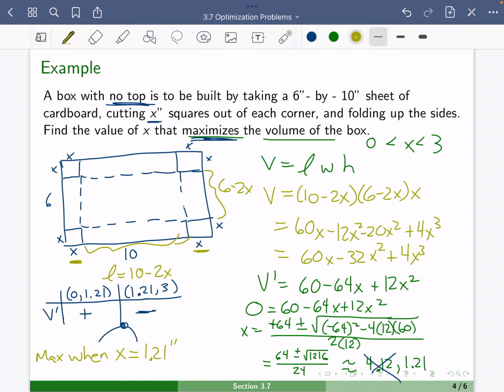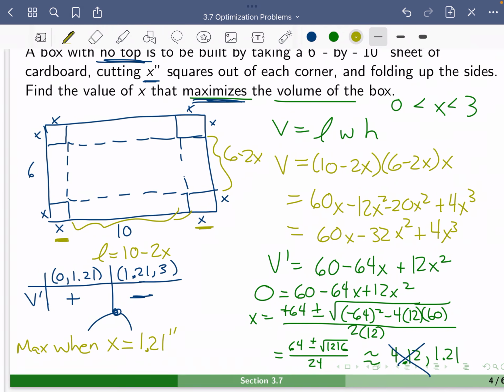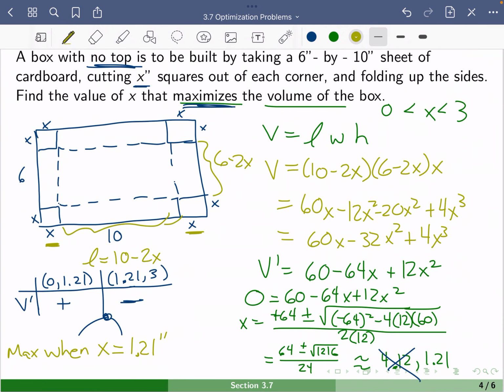So we're just finding the value of x. If we wanted to know all of the dimensions, we have 1.21 inches by, let's see, 6 minus 2 times that. So 6 minus 2.42, which I did not write down to the side, is 3.58.